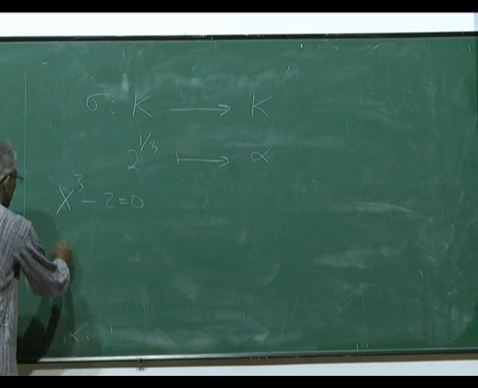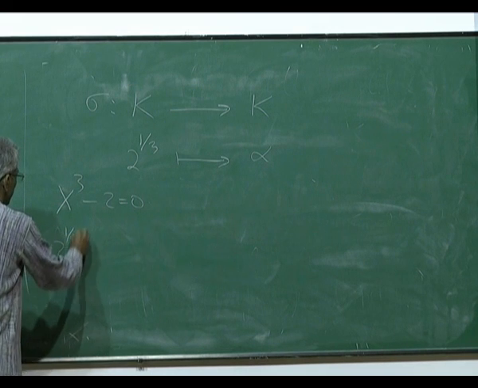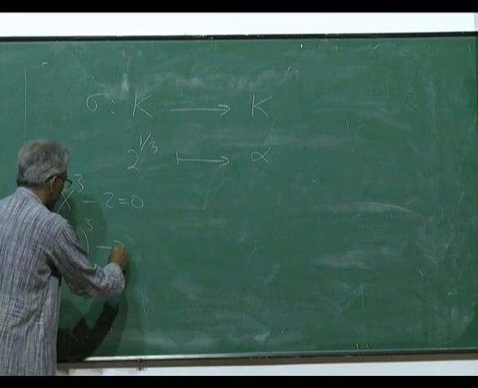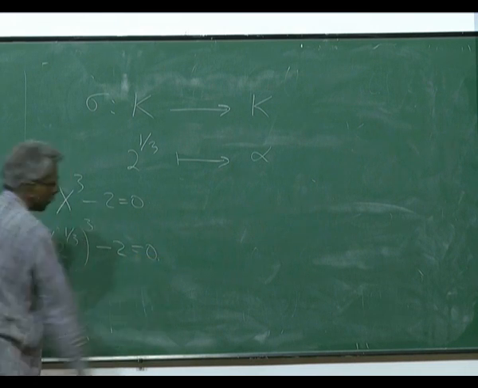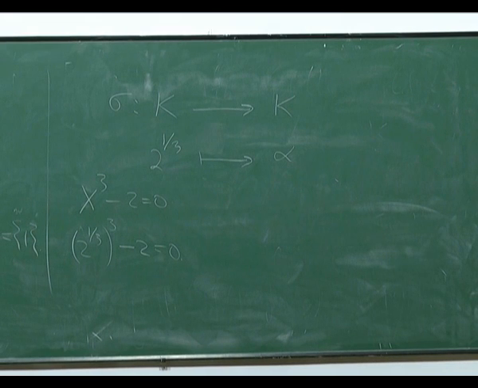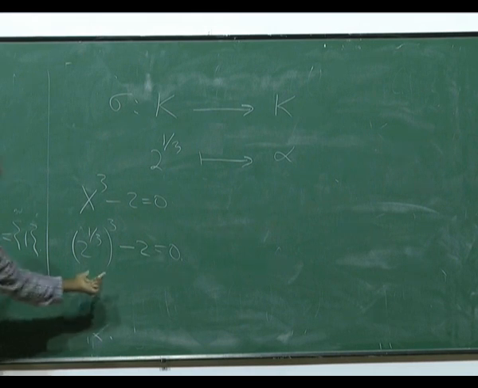So, I take 2 power 1 by 3, take the whole cube and then subtract 2 out of it, I get 0. Now, once such a relation holds, I apply sigma to that, and compute the left hand side and see what happens.